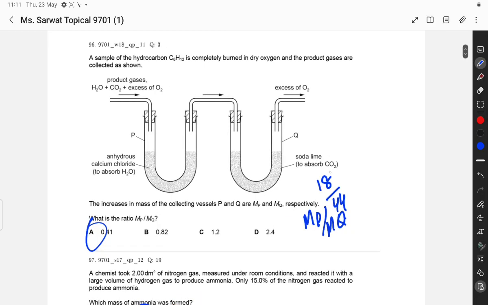MP is the water and MQ is the carbon dioxide. So the ratio of MP over MQ: water is absorbed by calcium chloride and carbon dioxide is absorbed by soda lime. The Mr of water is 18 and the Mr of carbon dioxide is 44. So the ratio MP over MQ is equal to 18 over 44, which is equal to 0.41.